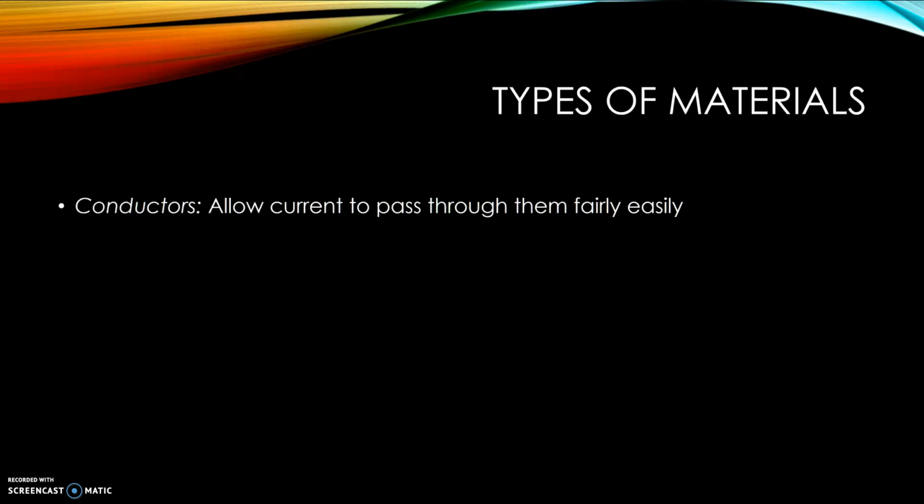Even if you don't know what the atomic or molecular structure of these things looks like, we can classify something as a conductor from the fact that it allows an electric current to pass through it fairly easily. Some conductors can pass a current more easily than others. But nevertheless, if we apply what's called a voltage to this whole class of compounds, current will flow through them fairly easily. These are typically things like metals.